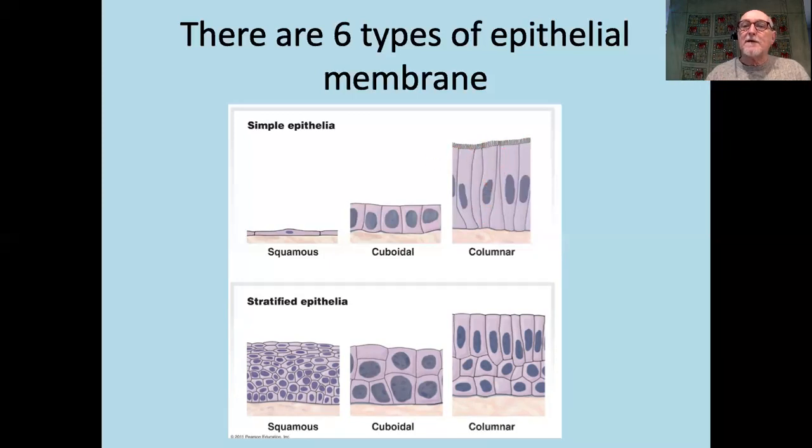And also embedded in this columnar epithelium, not shown here, there'll be mucus cells which produce a layer of mucus over the top here. And it's the job of those cilia to waft that mucus in one direction. In our case, in our respiratory tract, it conducts the mucus upwards towards our throats.